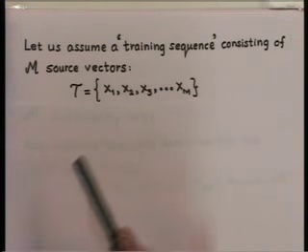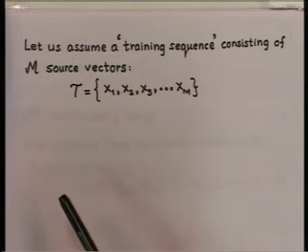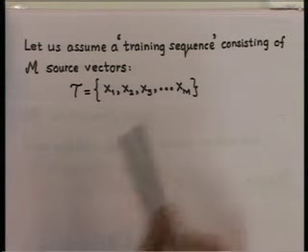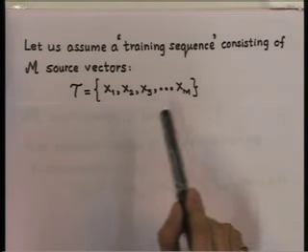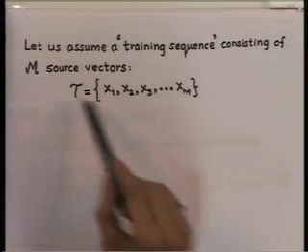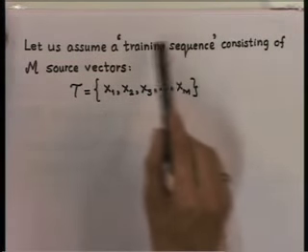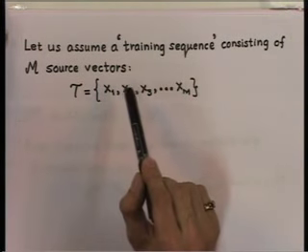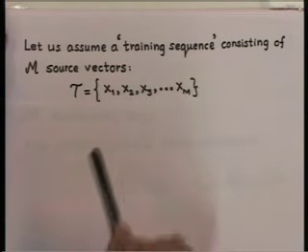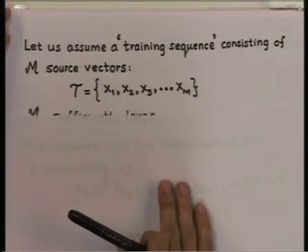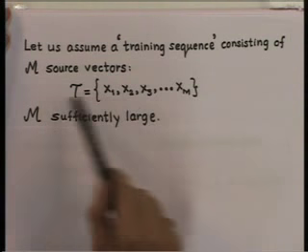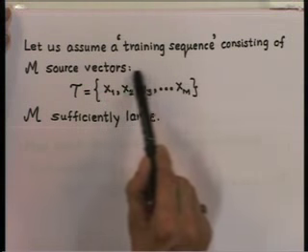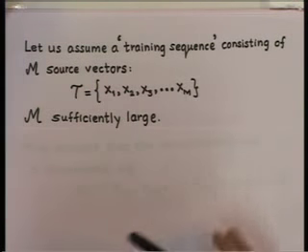For example, if the source is a speech signal, then the training sequence can be obtained by recording several long telephone conversations. Now, let us assume that M is sufficiently large so that all the statistical properties of the source are captured by the training sequence.